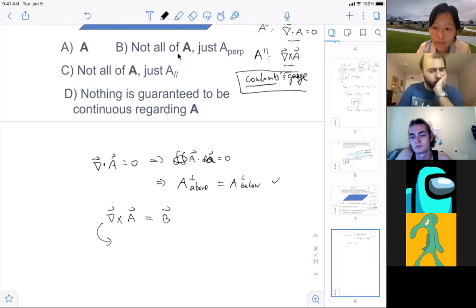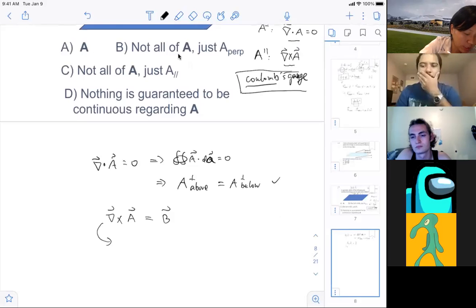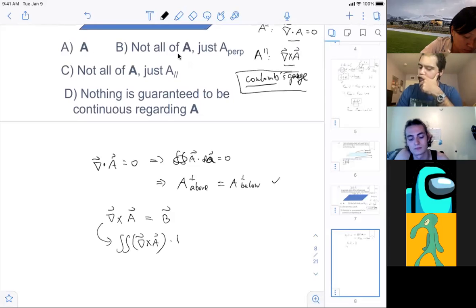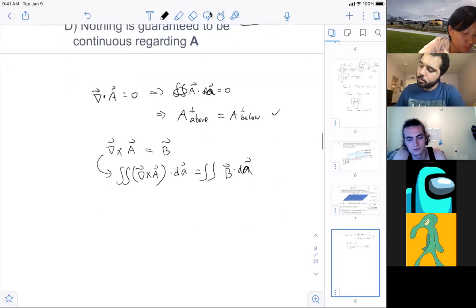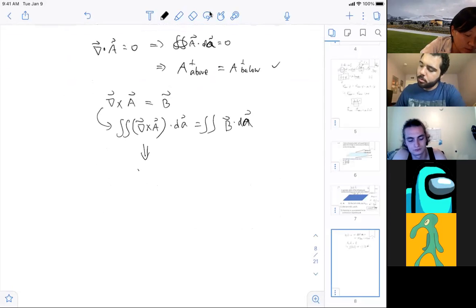You can write the surface integral. Okay, something like that. Yeah. And then rewrite the left using Stokes' theorem. All right, so doing Stokes' theorem for the left-hand side, would this become A dot dL then?